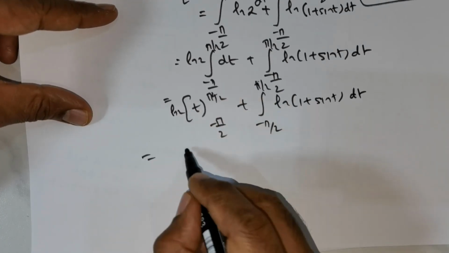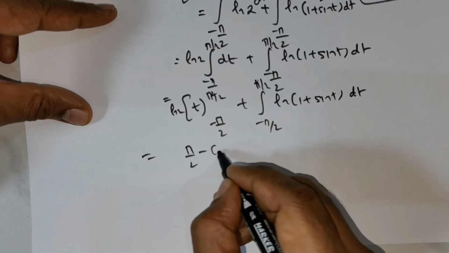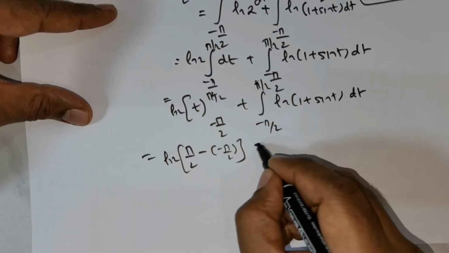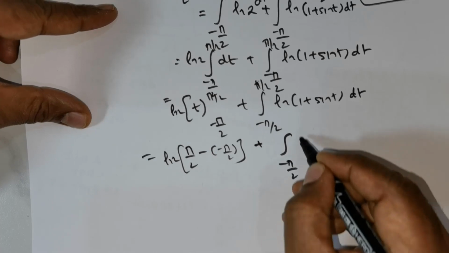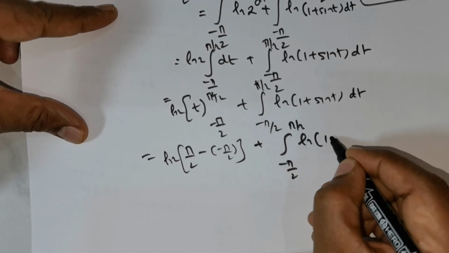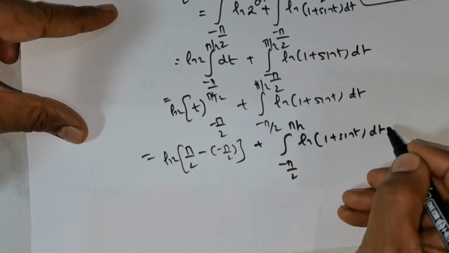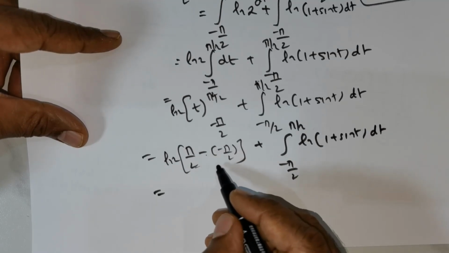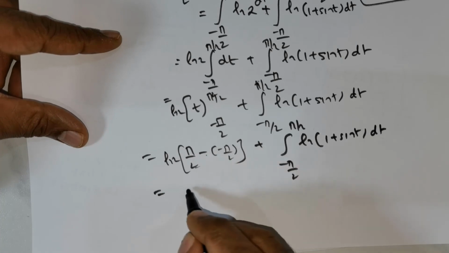Now substitute the upper limit followed by the lower limit, with ln 2 followed by the integral from negative pi over 2 to pi over 2 of ln of 1 plus sine t dt. This is pi over 2 plus pi over 2, which gives me pi.